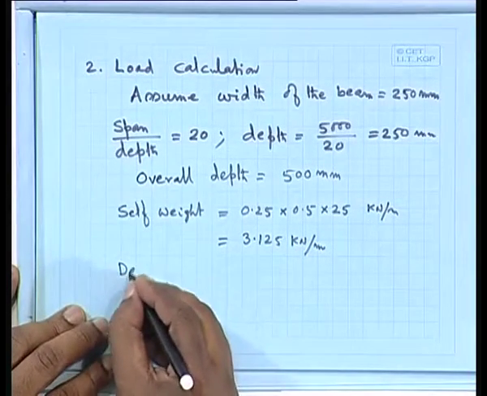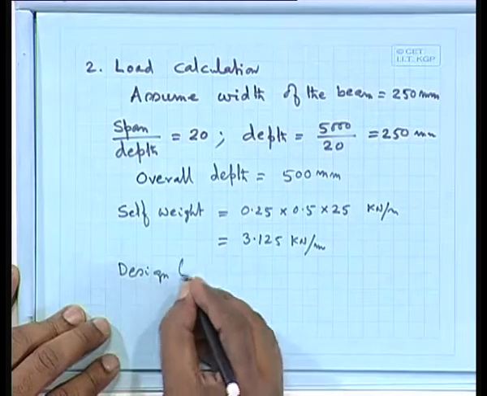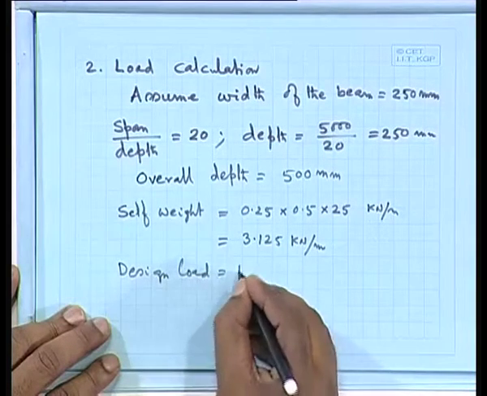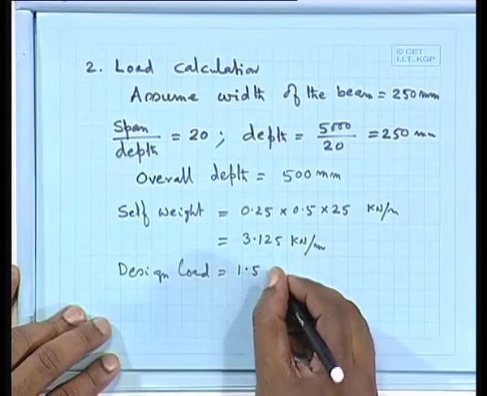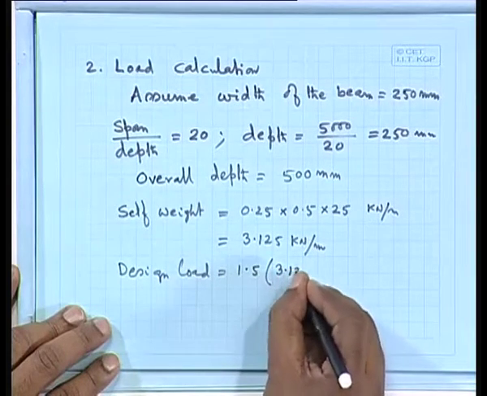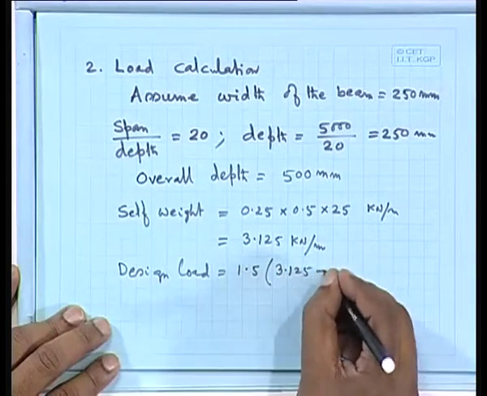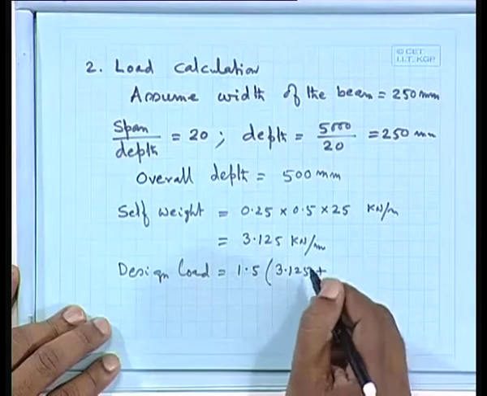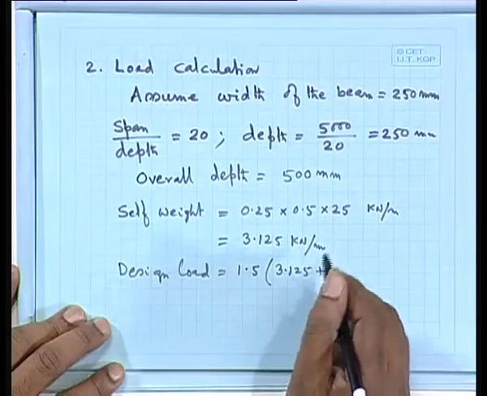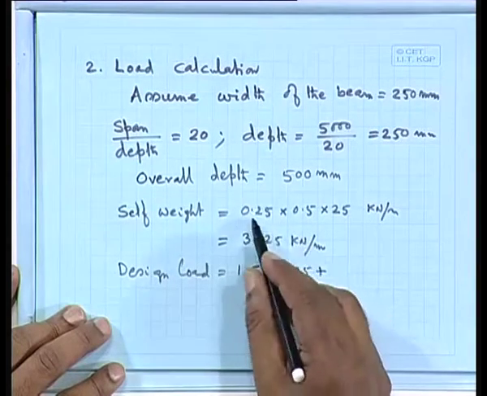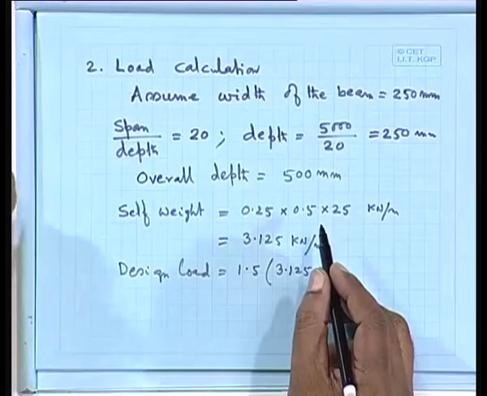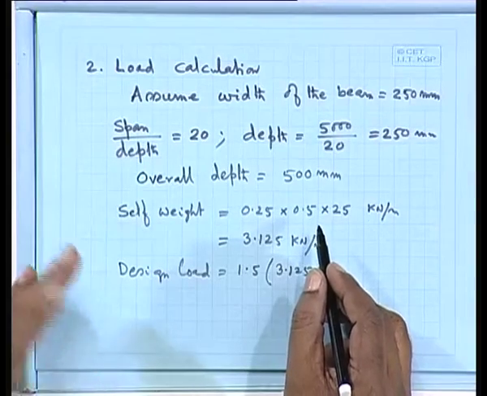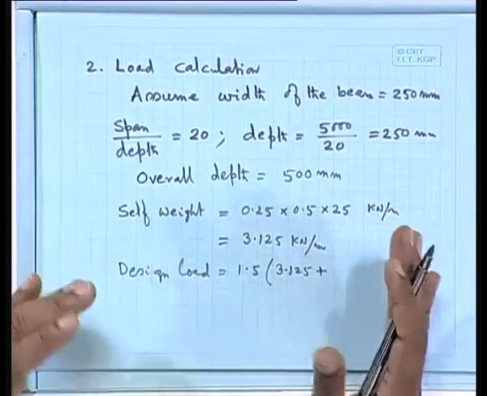Design load: 1.5 times 3.125 self weight. Approximately you can say 300 kg per square meter. In a few cases, instead of going directly, we can take 400 kg per square meter also, sometimes we take it that way.